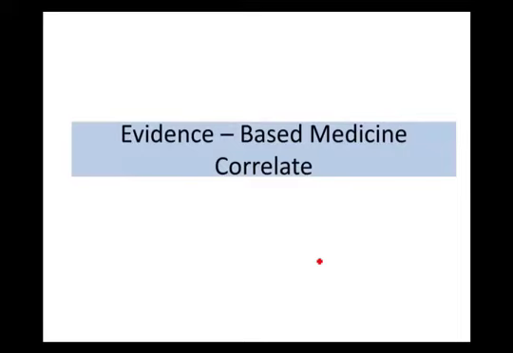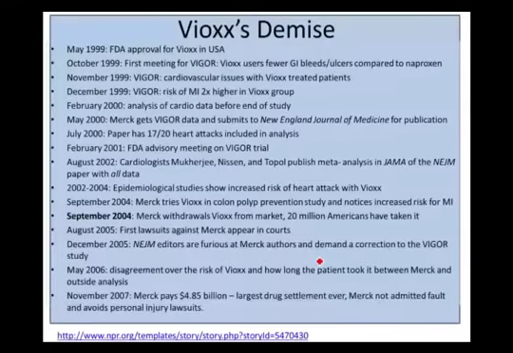I'm not going to spend too much time on this, but this tells the whole story of Vioxx's demise, starting from May of 1999 when FDA approved Vioxx in the US to essentially November 2007 when Merck decided to pay $4.8 billion, which I think was the largest drug settlement ever, and also did not admit fault and avoided personal injury lawsuits.